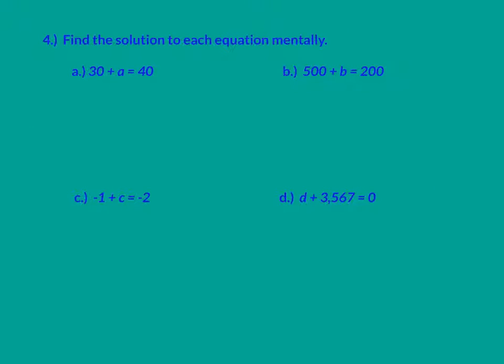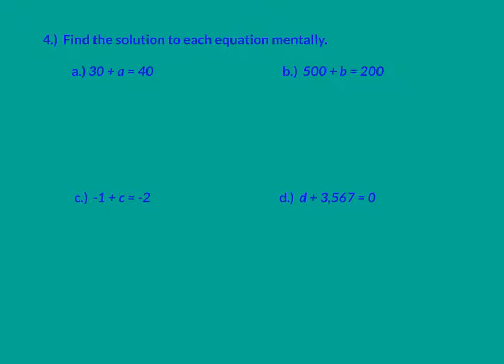Next, we need to find the solution to each one of these equations. It says to do it mentally, but so that you can check your math, and perhaps you didn't even do it mentally, which is fine with me, because I like for things to be accurate. We're going to go ahead and just apply all of our rules here. So 30 plus a equals 40. I want to get a alone. I want to find out what a is equal to.